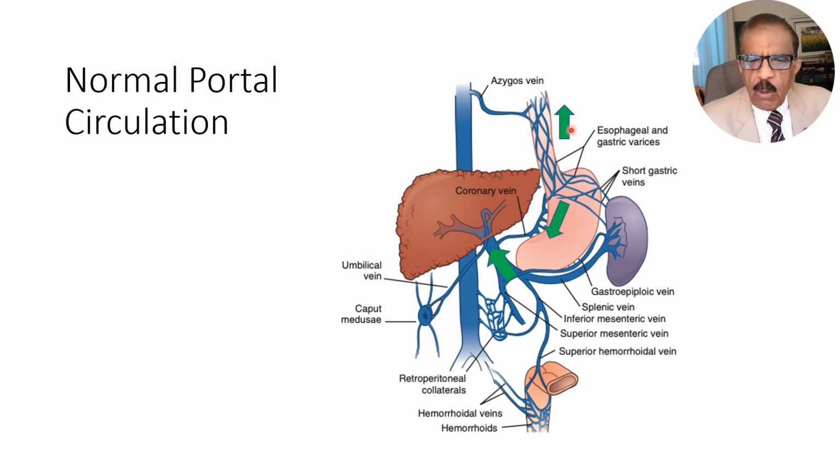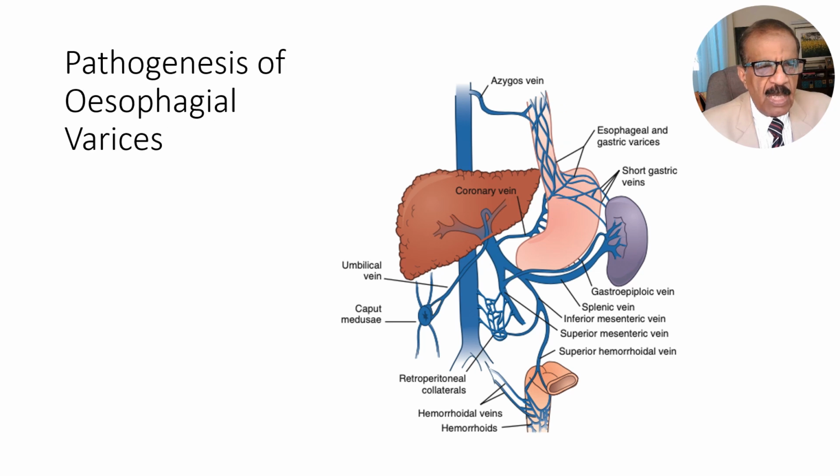And the lower end of the esophagus, and of course the rest of the esophagus, goes upward into the azygos vein. These two systems, the systemic system and the portal system, have communications, but these communications are normally very small and there is no significant blood flow. There may be some blood flow going this way or that way, but no definite blood flow in one direction, because both are independent of each other.